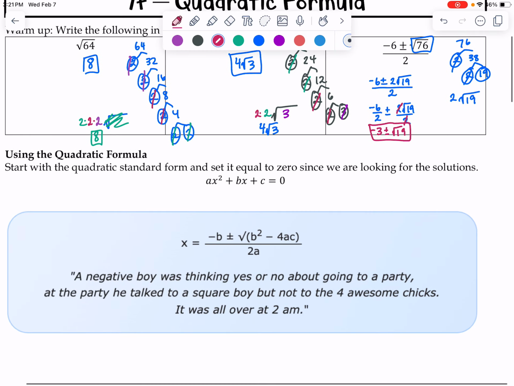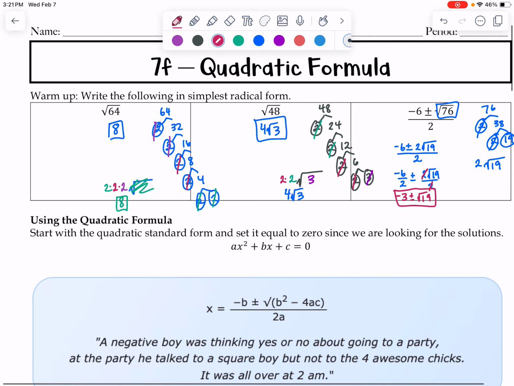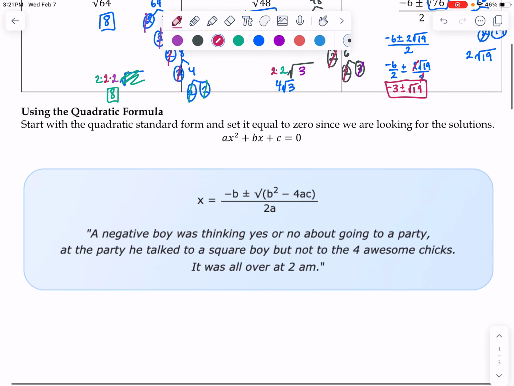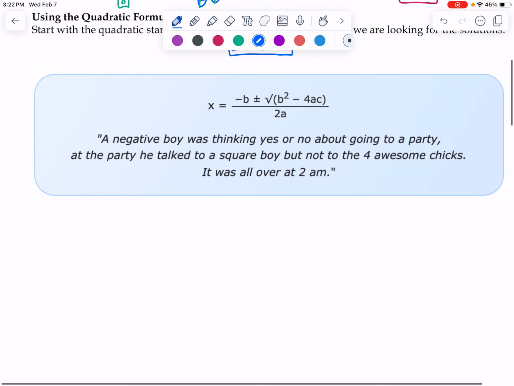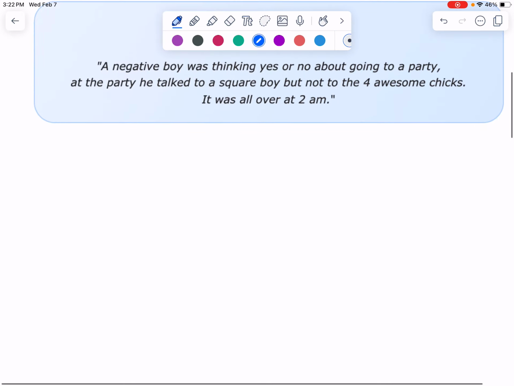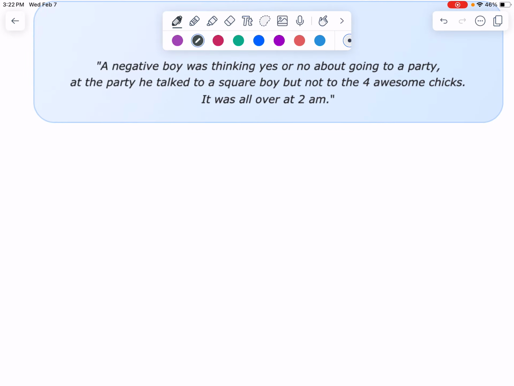All right. The quadratic formula is kind of a rhyme, so you can help remember it. The important thing is you have to make sure your quadratic equation is set up with everything on the left-hand side in order, ax squared plus bx plus c. That way you can identify what a, b, and c are. Because the quadratic formula, I'm going to sing the song because I always remember the song.